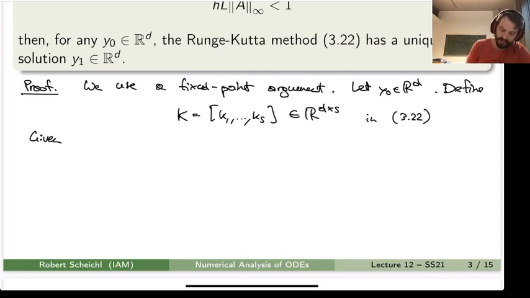So given some initial matrix K0, that's our fixed point argument now.